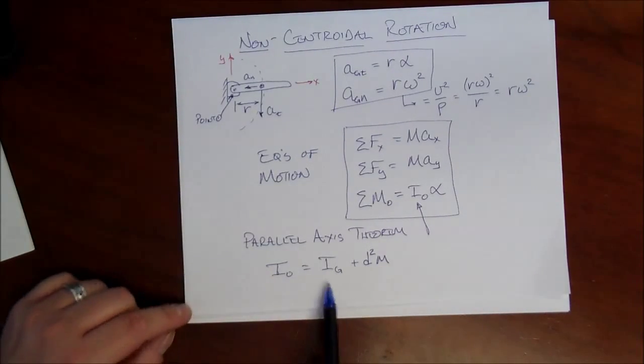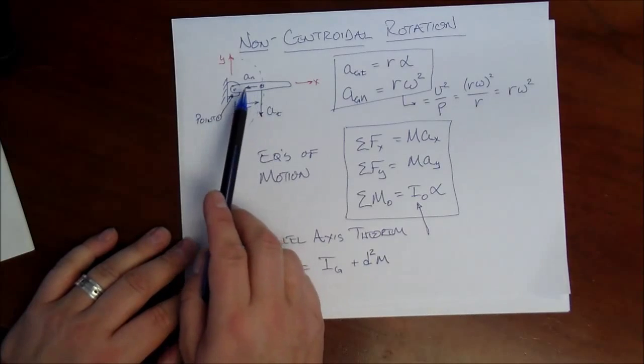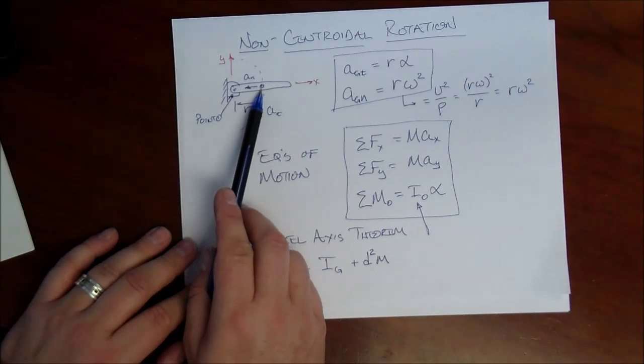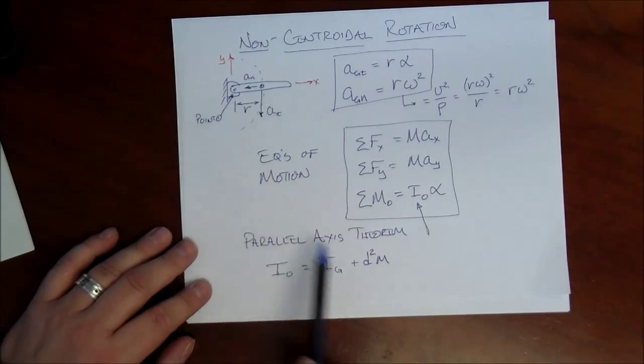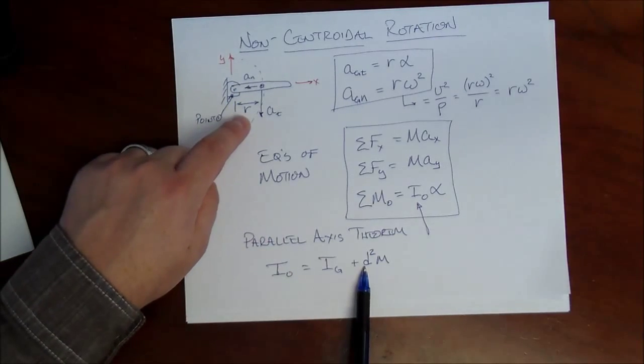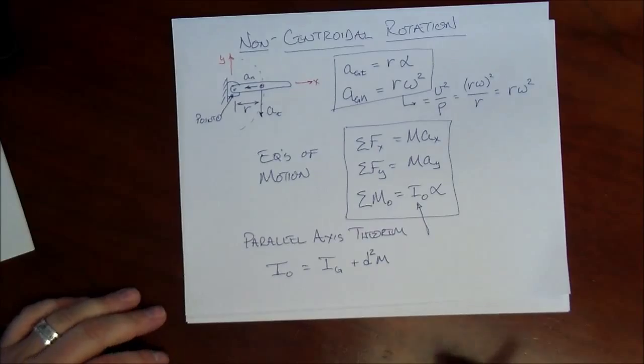So if you knew the mass moment of inertia about the mass center for this bar, then you could figure out the mass moment of inertia about O by simply adding the distance, in this case r, squared times the total mass of the rigid body.